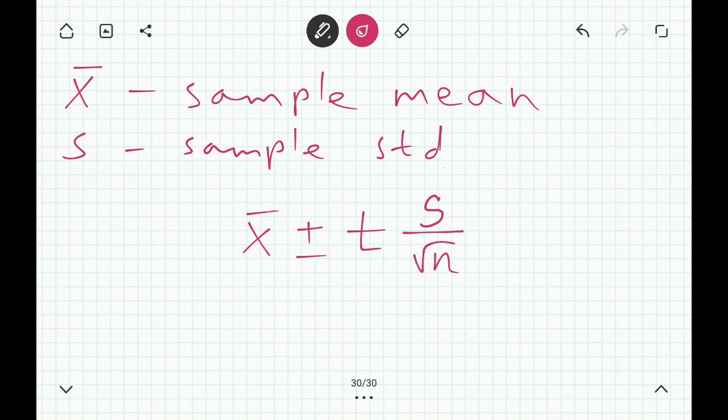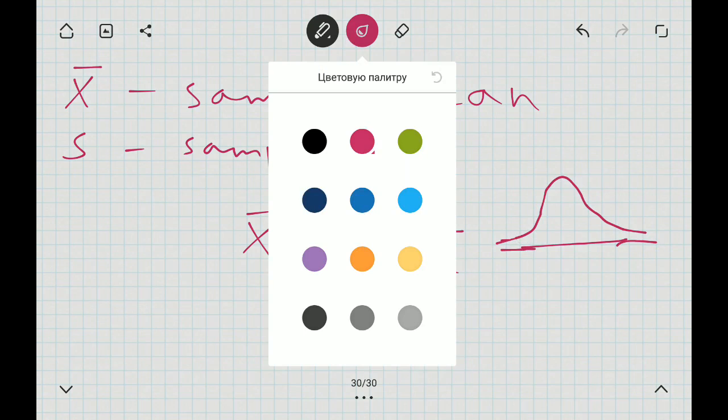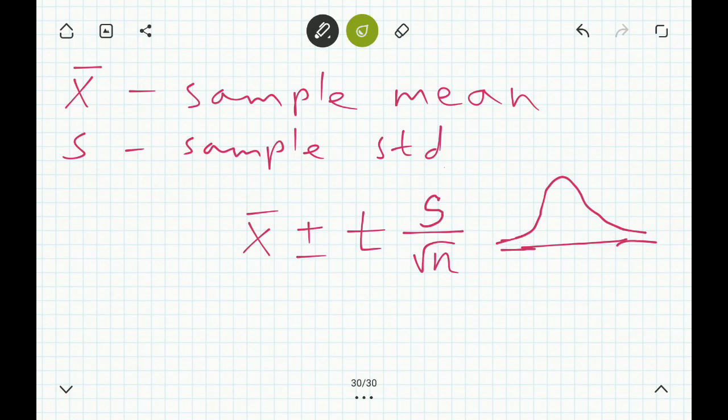So this t here is something that looks like our z. So z is for standard normal distribution, which is a bell curve, and t is also for a bell curve, but a different type of bell curve. It's wider and lower, but it's still a bell curve, and it's called student's distribution or t distribution.